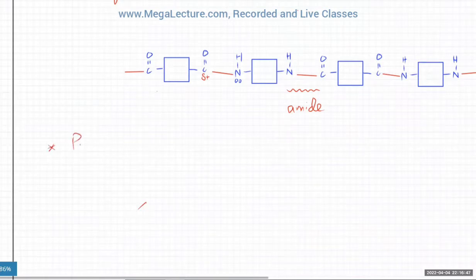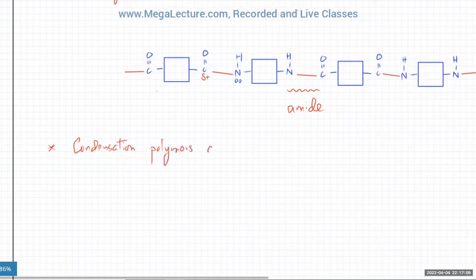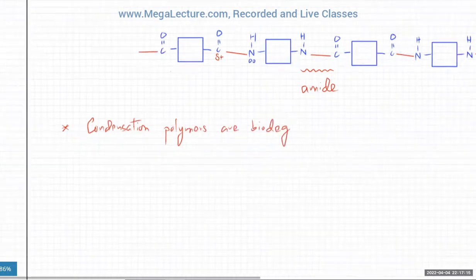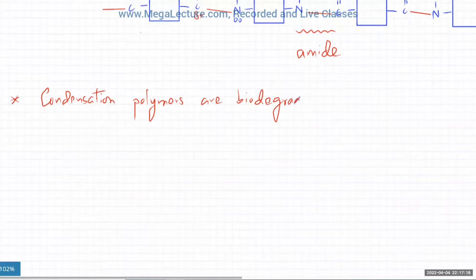Unlike addition polymers, your condensation polymers tend to be biodegradable, and they easily hydrolyze.